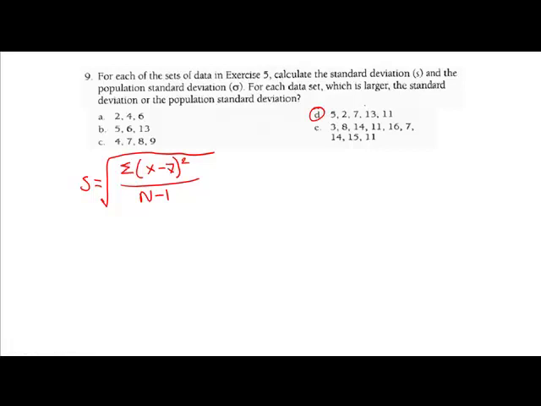So what do we need to start solving for D? How many observations do I have? N equals 1, 2, 3, 4, 5. Okay, so now I have my N.